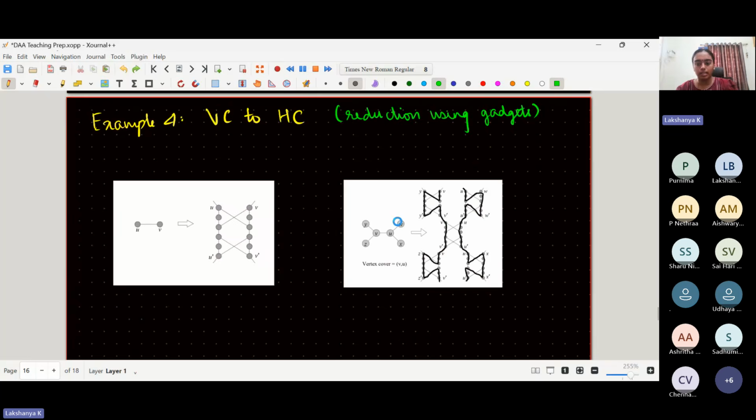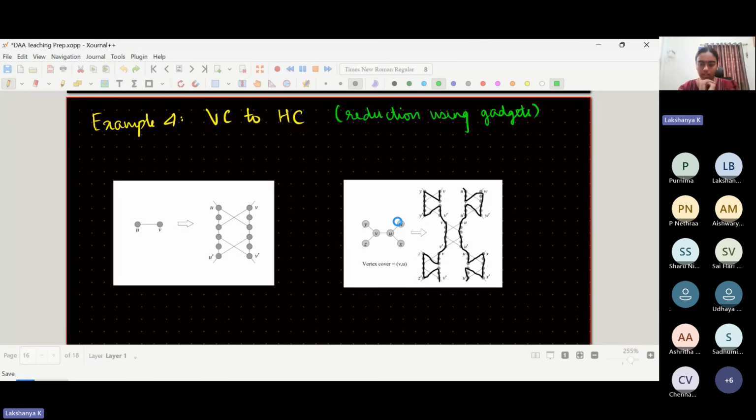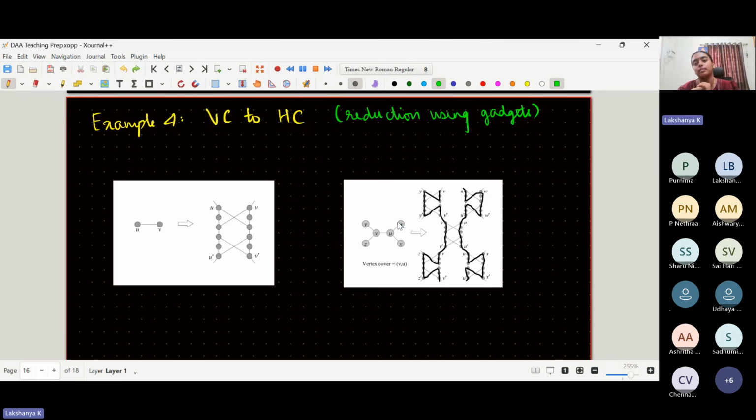Okay, we'll do one last example of reductions. This is the idea of reduction using gadgets. All the reductions which we saw so far, and don't come at me for saying this, the textbooks call them trivial reductions. I know it did not seem trivial, but trivial in the sense that you simply had to exploit logical properties of the two problems given.